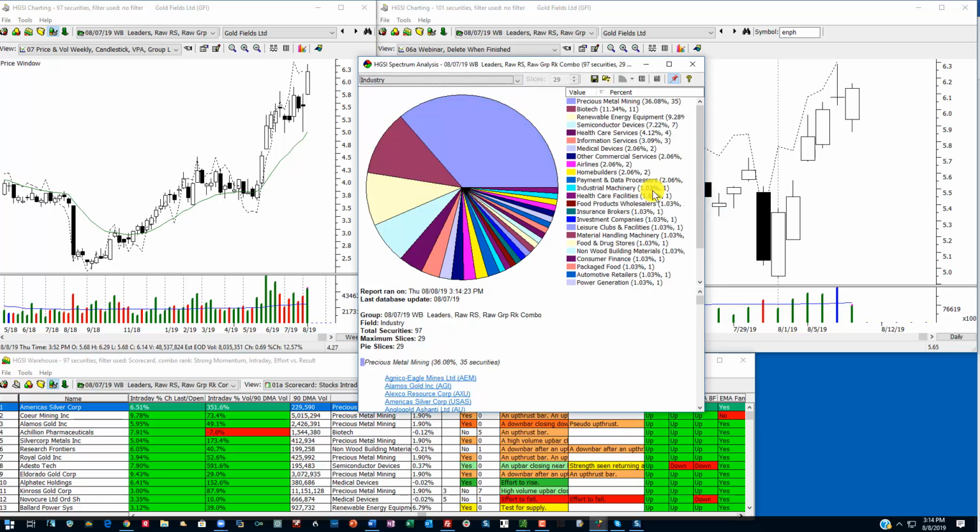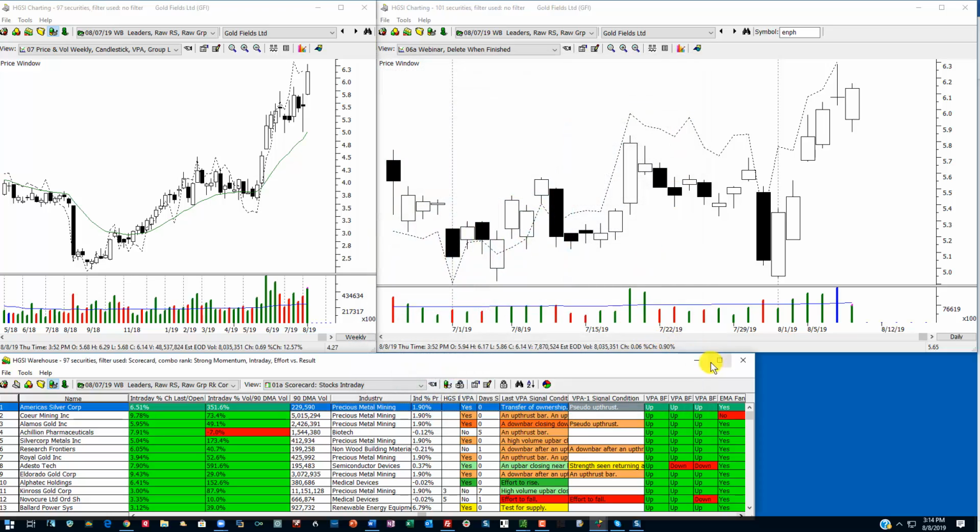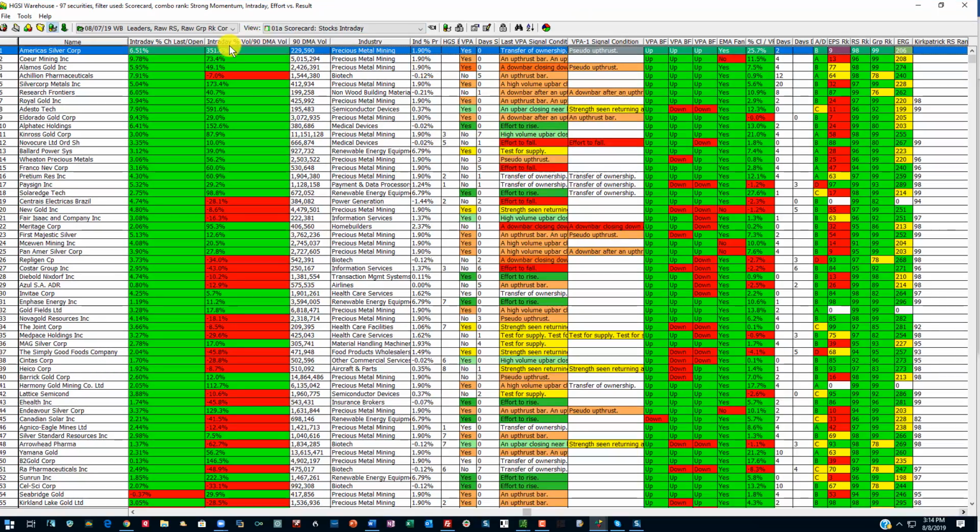Go into my industry, and you can see that the precious metals dominate this relative strength group as of yesterday, and I would say that it's going to be more of the same tomorrow.